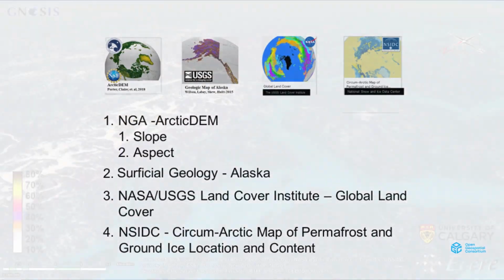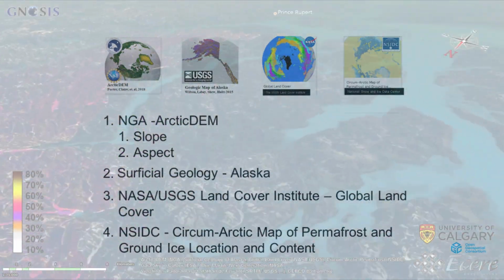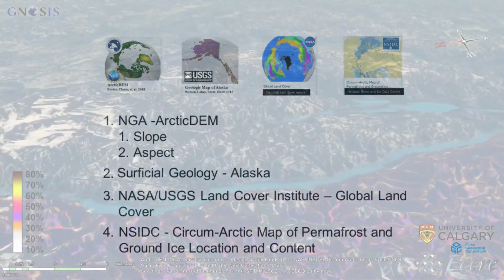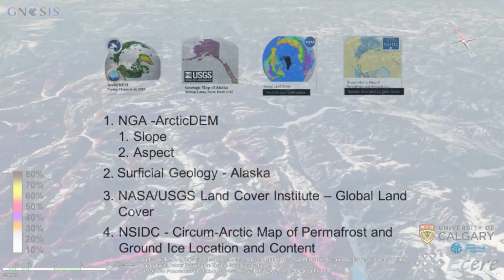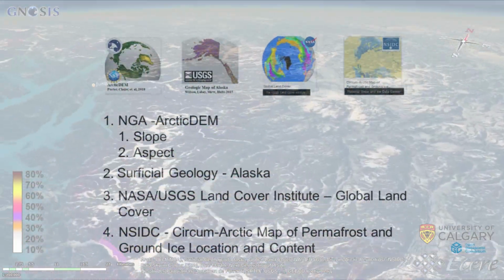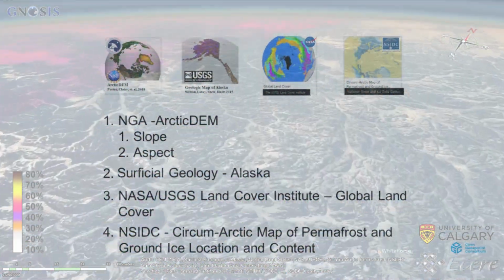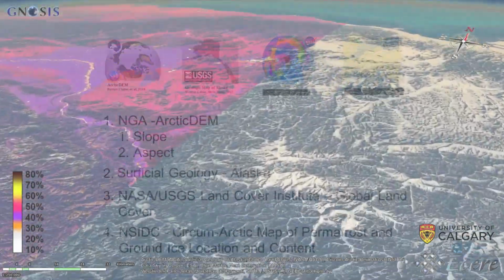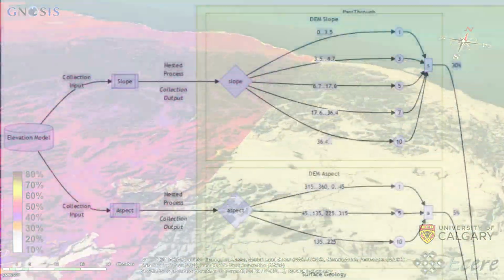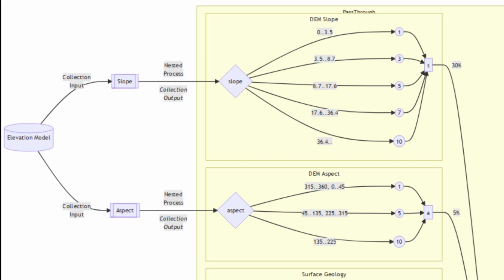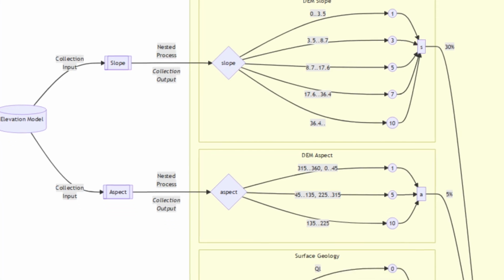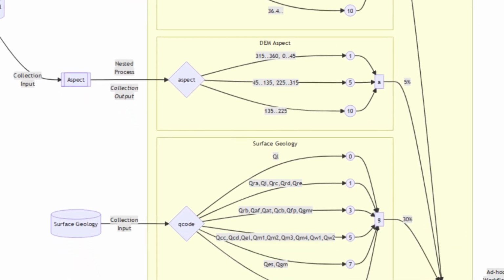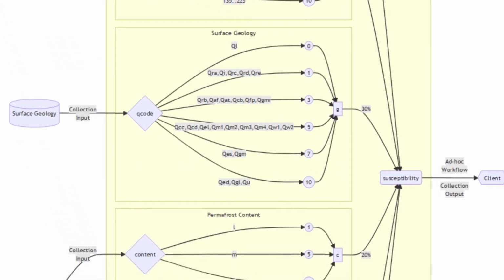The datasets used in the coastal erosion workflow visualized here included the digital elevation model, the superficial geology of Alaska, a global land cover map from Landsat, and a map of the circumarctic permafrost. The digital elevation model values first go through slope and aspect processes in order to produce two distinct values, each independently contributing to the erosion susceptibility.